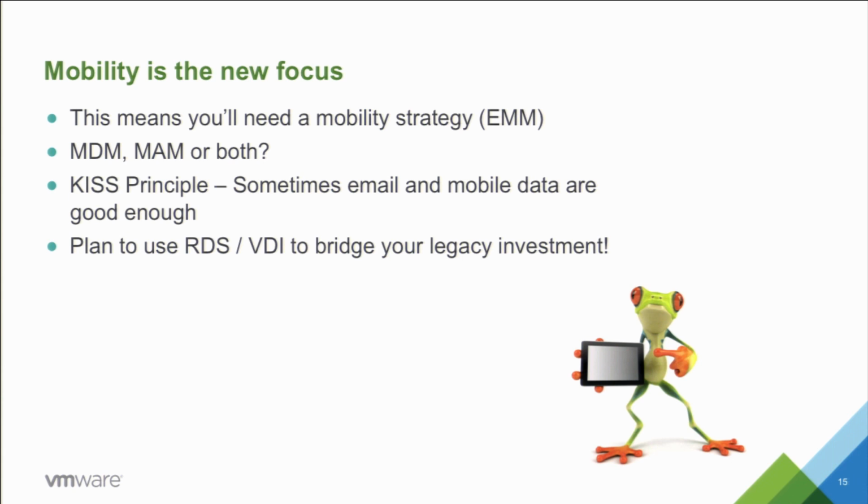I'm talking about this as a bridge, not as a strategy. Nobody wants to use Windows 7 or all their Windows apps on a tablet or smartphone. The form factor is not right. And I'm not suggesting that be your strategy. What I'm suggesting is, while you're trying to figure out how to get to the new mobile world, VDI and terminal services allow you to become more device agnostic.